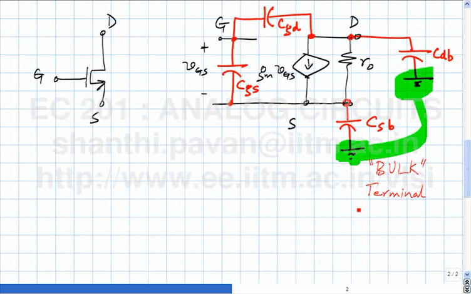And for those of you who don't understand this, never mind. As far as the circuit operation is concerned, you can think of adding one capacitance between drain and incremental ground and another capacitance between the source and the incremental ground. It turns out from MOSFET physics that CGS will be much larger than CGD, and CDB, CSB and CGD will be roughly of the same order of magnitude.